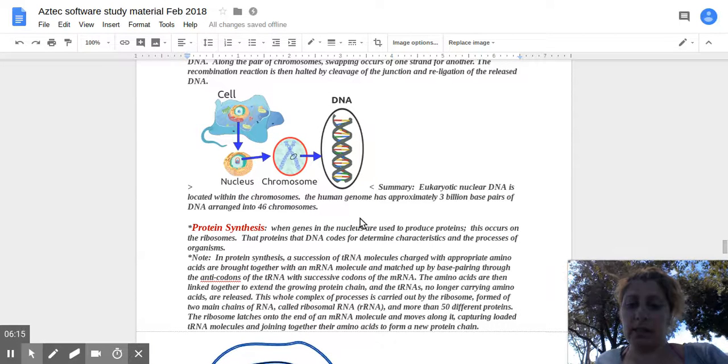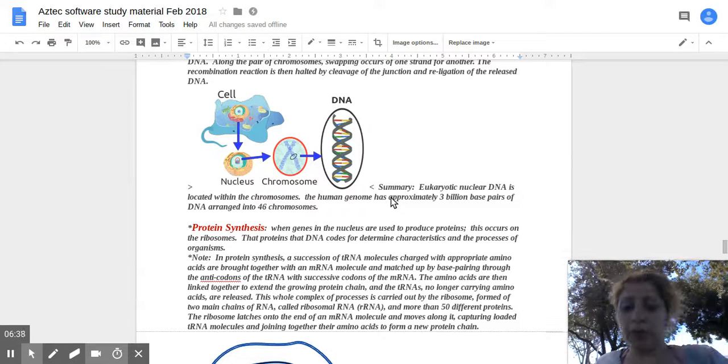Protein synthesis is when genes in the nucleus are used to produce proteins. This occurs on the ribosomes. The proteins that DNA codes for determine the characteristics and the processes of the organism. In protein synthesis, a succession of tRNA molecules are charged with the appropriate amino acids, which are brought together with the mRNA molecule and matched up by base pairing through the anticodons of the tRNA with successive codons of the mRNA.